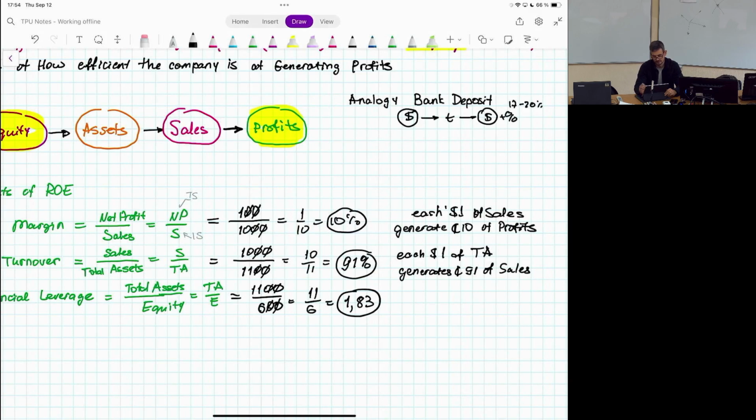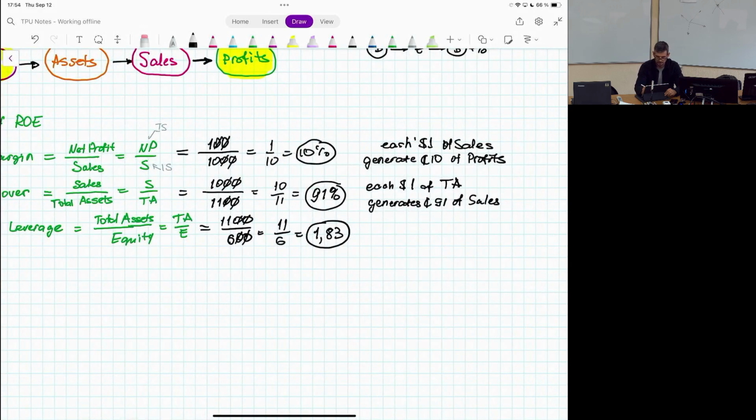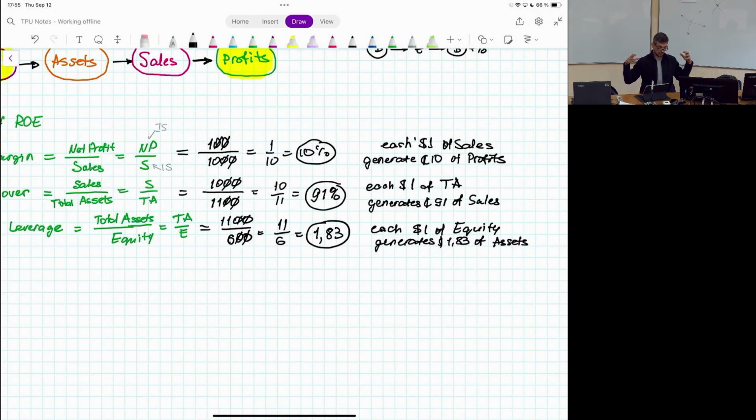Yes. 1 point... 183. So here we say that each dollar of equity generates 1.83 dollars of assets. Получается, каждый наш доллар капитала, который мы вложили в компанию, собрал $1.83 активов.